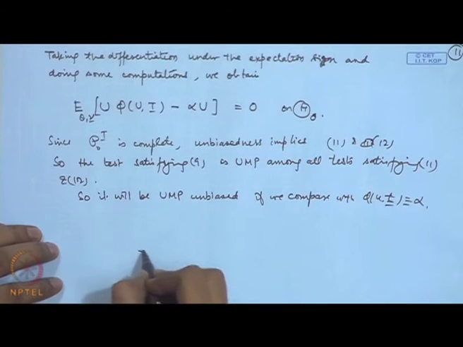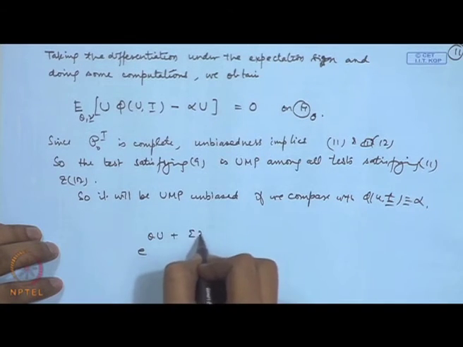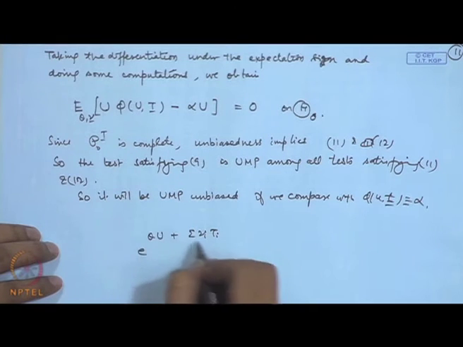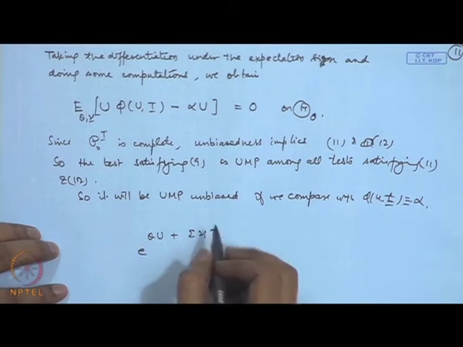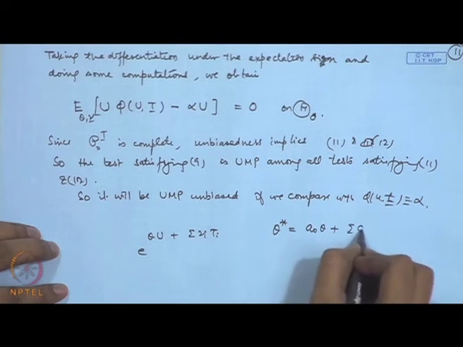We will consider further applications of this, when we are writing a distribution in the exponential family. So, for example, we are considering e to the power theta u plus sigma nu I t I, but one may consider different forms of the parameters, like we may consider reparameterization. We may consider, say for example, theta star is equal to a linear combination of theta and nu i's.